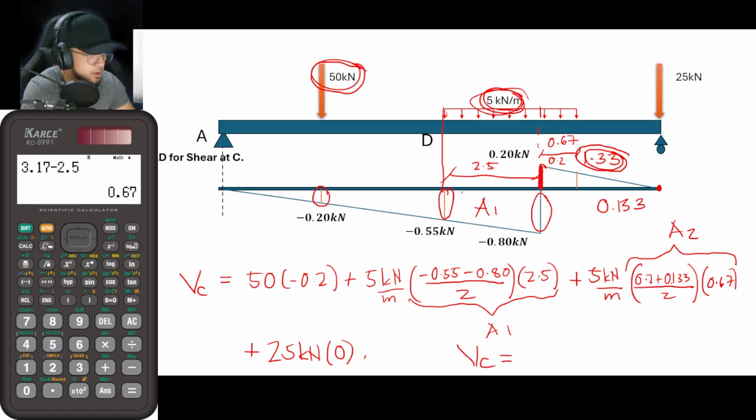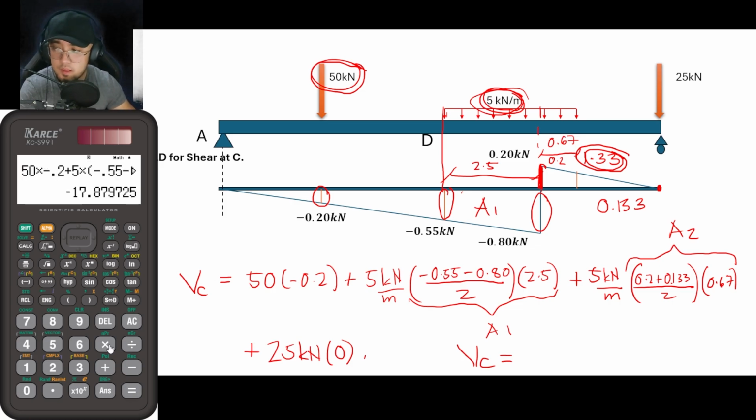so looking at the calculator, 50 times negative 0.2, plus 5 times negative 0.55 minus 0.8 divided by 2 times 2.5, plus 5 times 0.2 plus 0.133 divided by 2 times 0.67, plus 25 times 0.